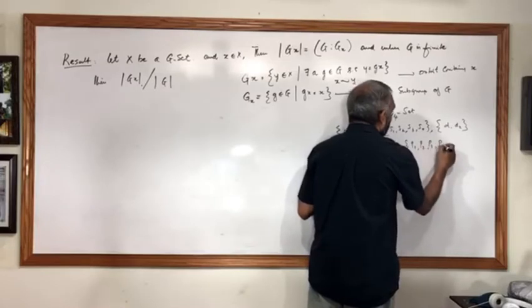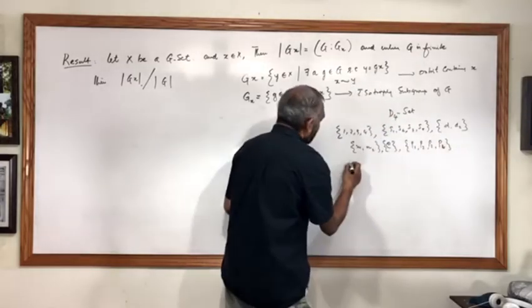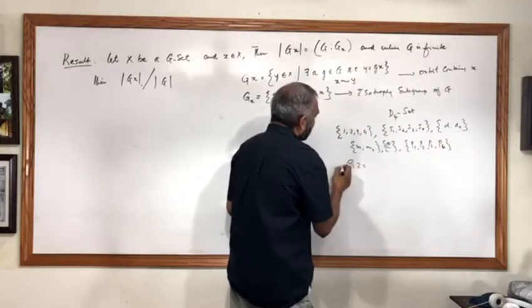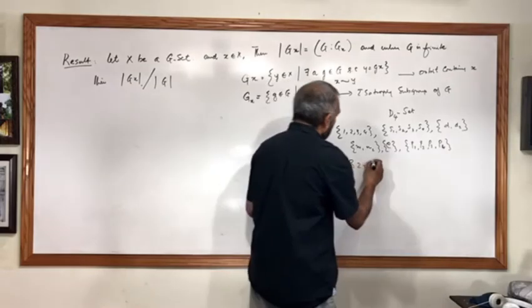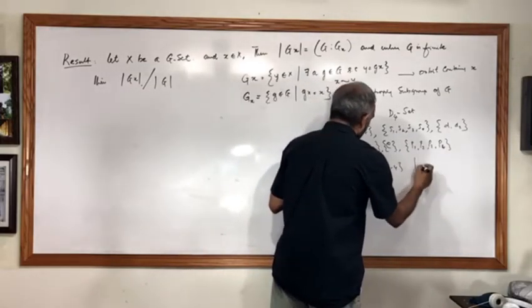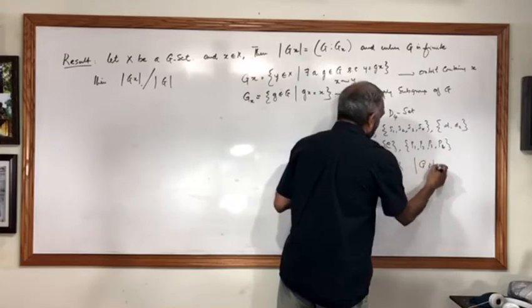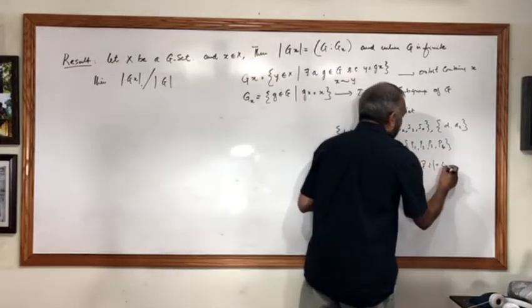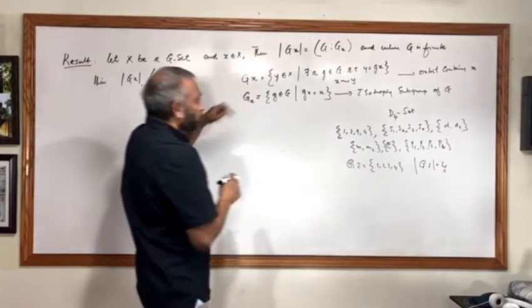These are the orbits. So G2 here is 1, 2, 3, 4, so the size of G2 is 4. That is what I meant here.